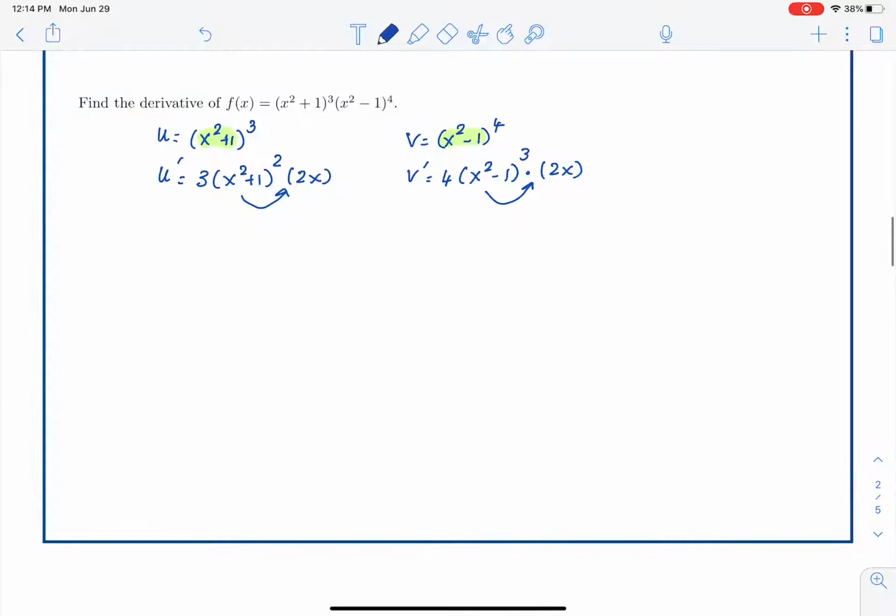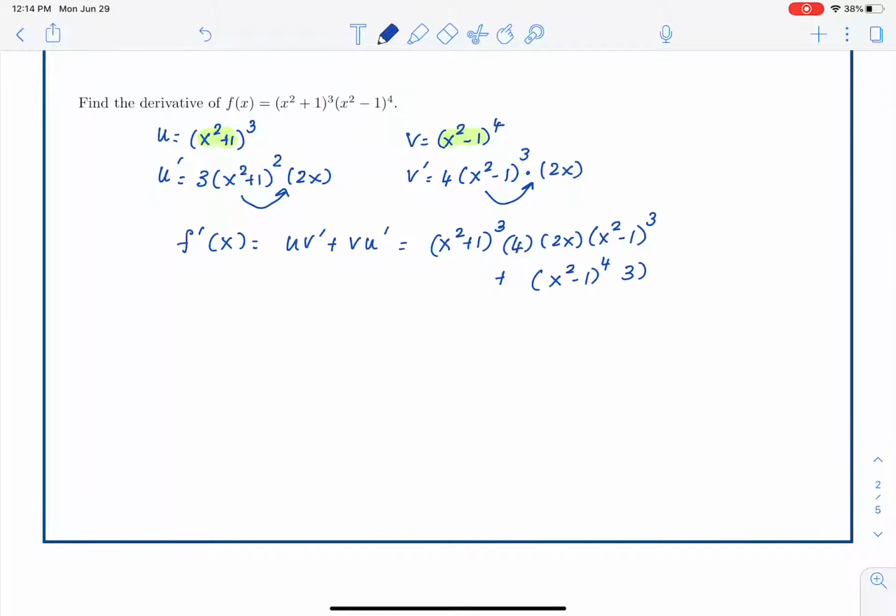So now I could use product rule. f prime of x is simply u v prime plus v u prime. u is x squared plus 1 raised 3. v prime is 4 times 2x times x squared minus 1 raised 3. v is x squared minus 1 raised 4 multiplied by 3 times 2x times x squared plus 1 squared.